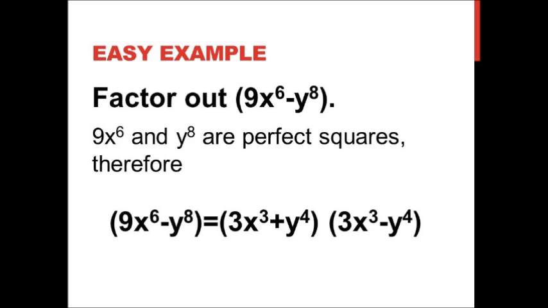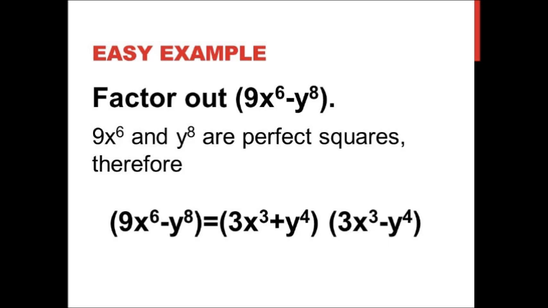Okay, time's up. So the answer is 9x to the 6th minus y to the 8th is equal to the quantity 3x cubed plus y to the 4th times the quantity 3x cubed minus y to the 4th.